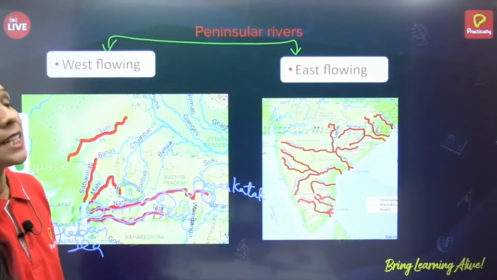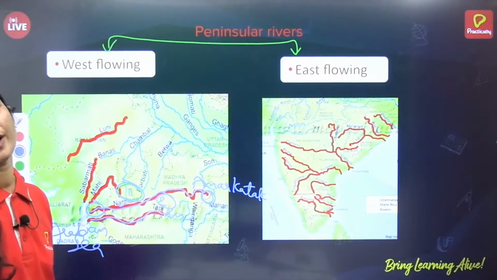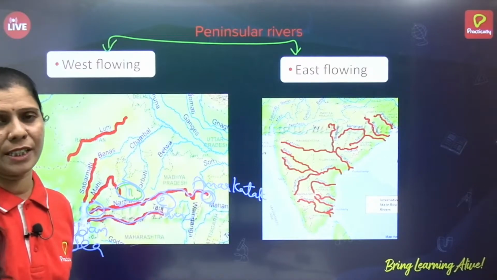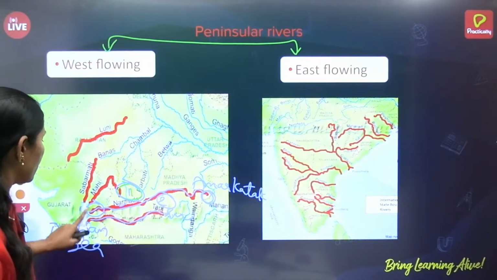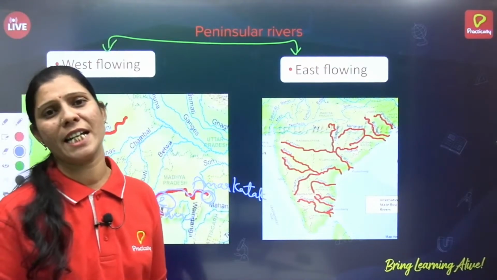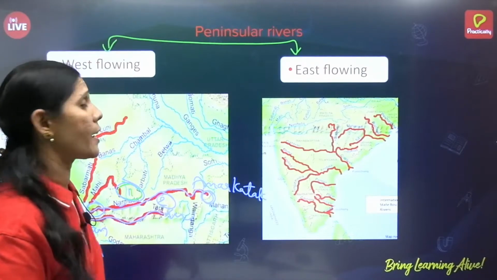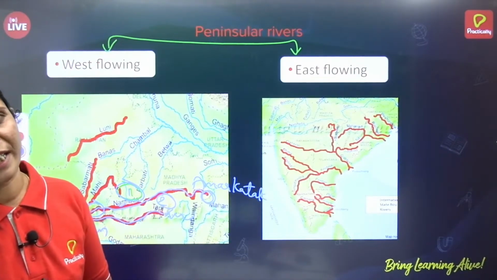This river also flows in the rift valleys, and they are not forming any deltas. Which are the rivers which do not form deltas? Narmada and Tapi are the rivers which do not form deltas.